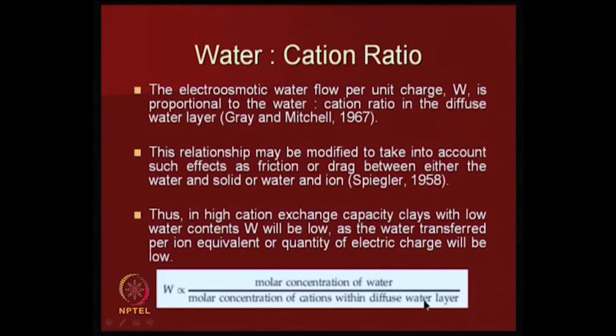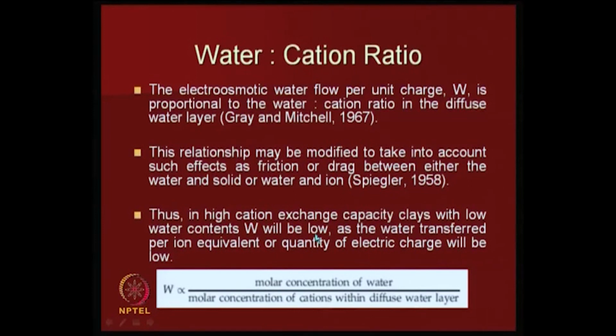Like, say, if you have more concentrations in the diffuse double layer, they hold the water, and free water will not come. So, for high cation exchange capacity clays with low water contents, the W will be low, that is what I just mentioned.